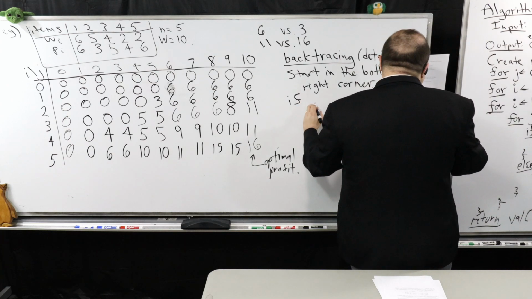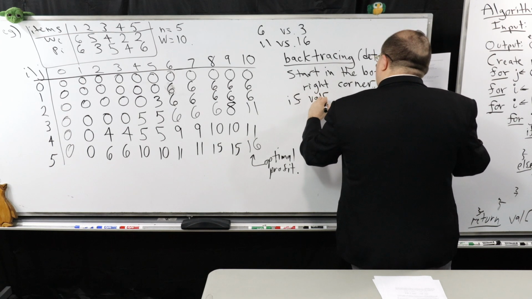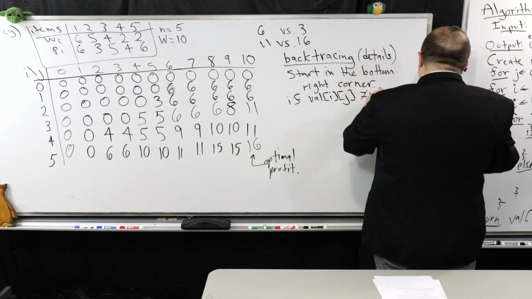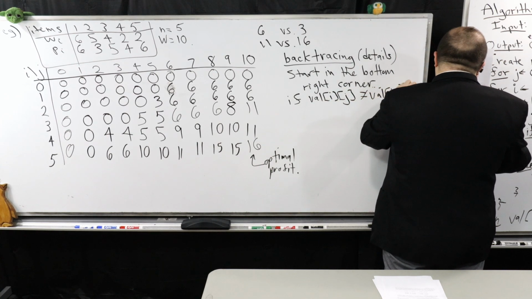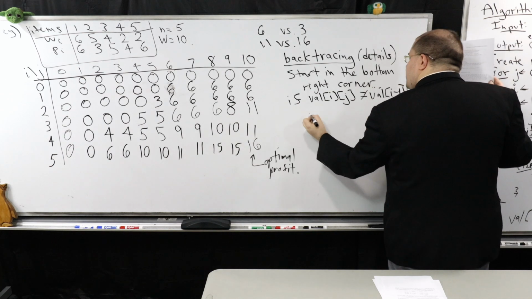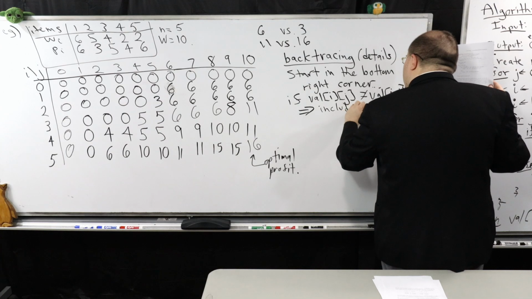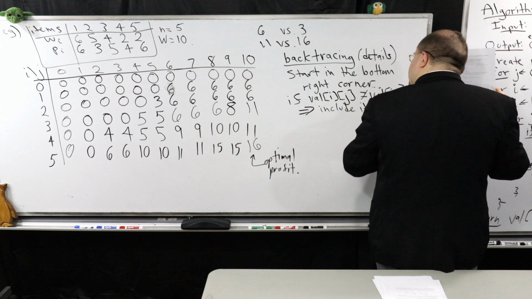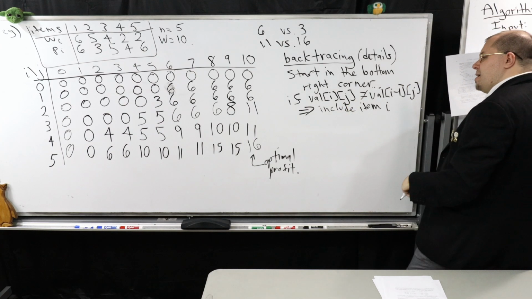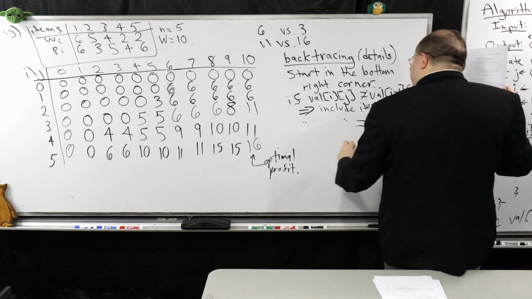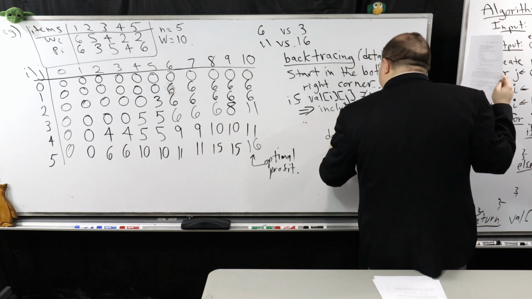So if val[i][j] is not equal to val[i-1][j], what does this mean? We include item i, right? Likewise, if they're equal, it means I do not include it, right?